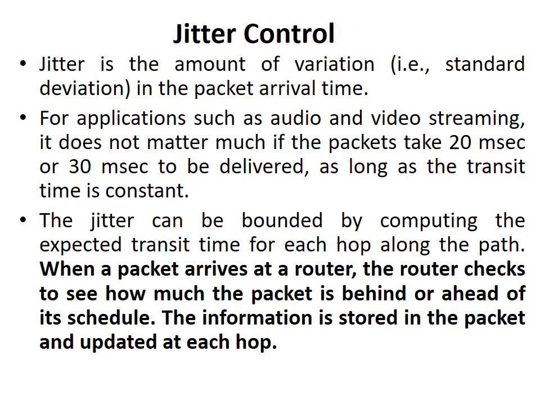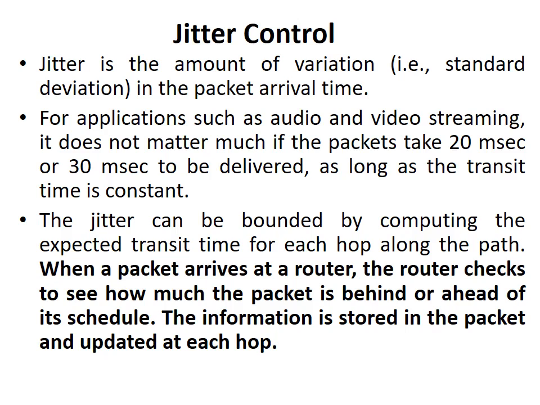The fifth approach they have used to control congestion in the datagram subnet is the mechanism of jitter control. Jitter is the amount of variation in the packet arrival time, that is, the standard deviation. So how does it work? When a packet arrives at a router, the router checks how much the packet is behind or ahead of schedule. This information is updated at each hop.